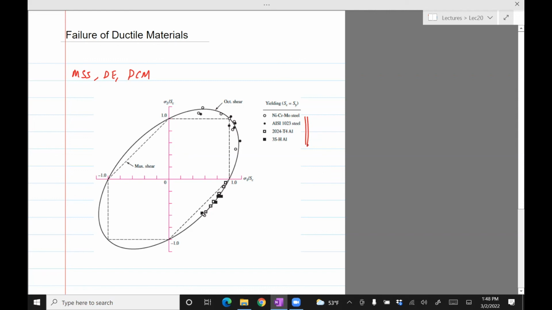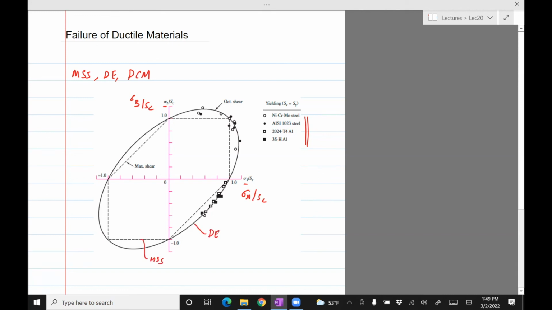And then we try to plot that stress on the sigma 1, sigma 2 plane. This is also sigma A, sigma B. Each of these materials has a different SC, so they're just non-dimensionalized by SC. I think SC is the same as SY. Then you make these plots and you can plot the contours for MSS and DE.